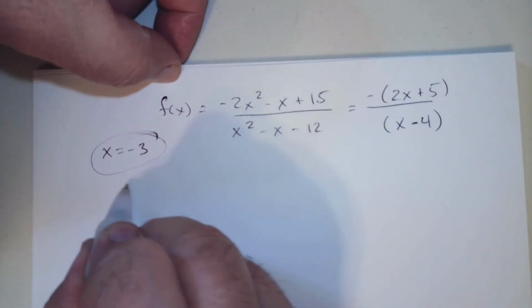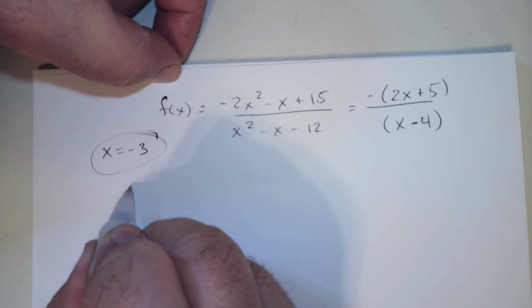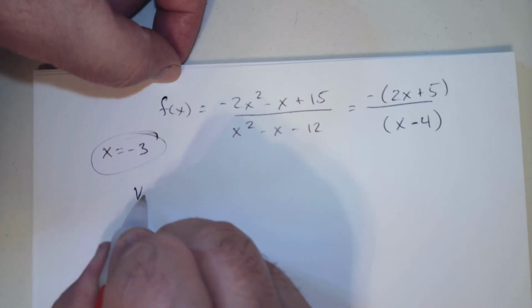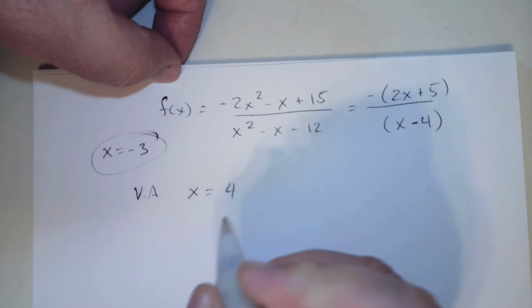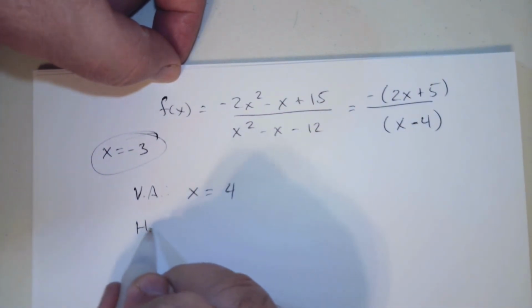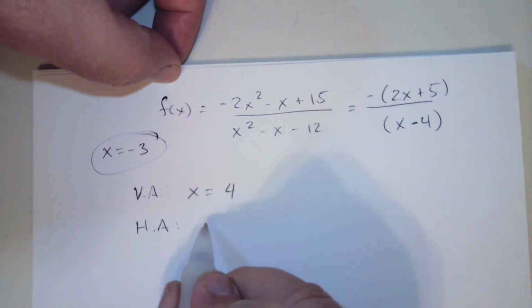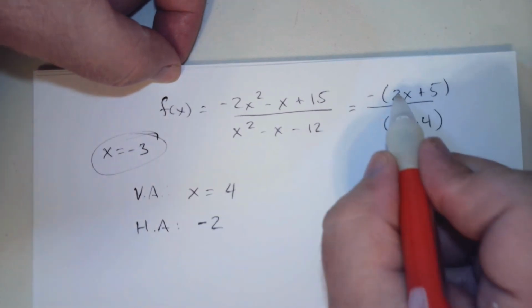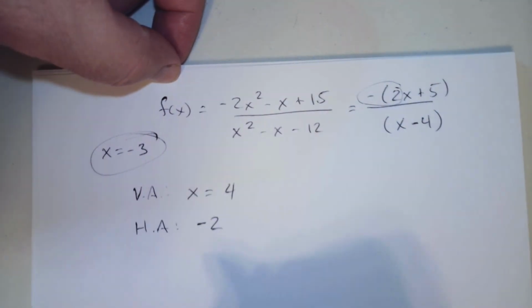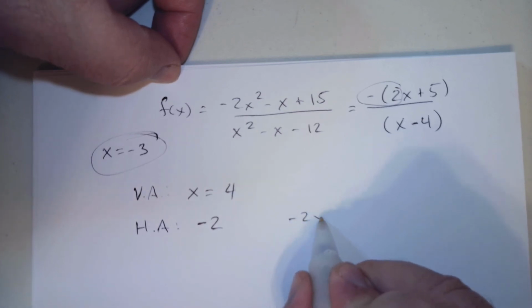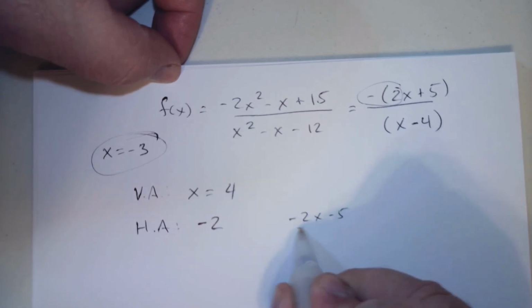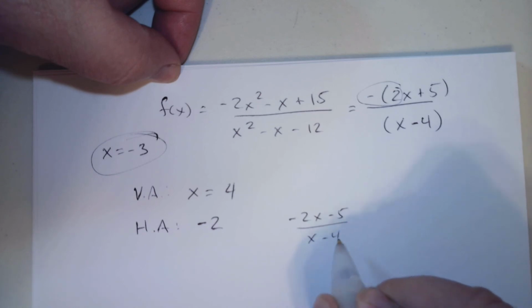Alright, so we have our vertical asymptote at x equals 4, and the horizontal asymptote at negative 2, because that's what we have on top. So we had negative 2x minus 5 over x minus 4.